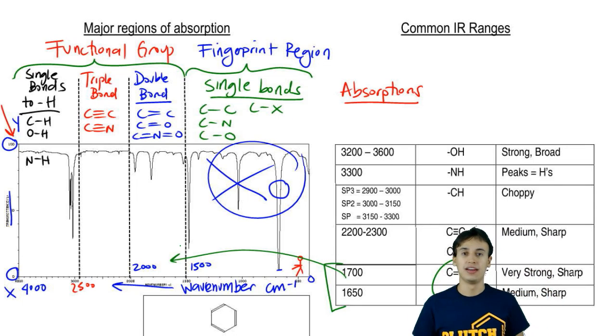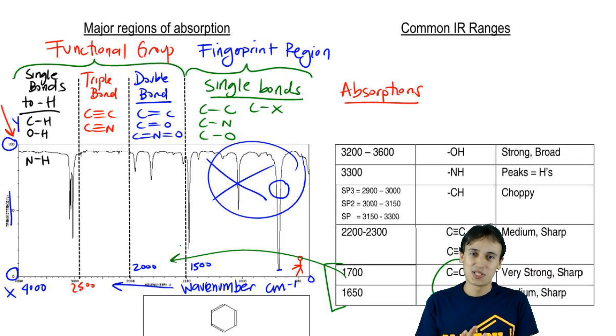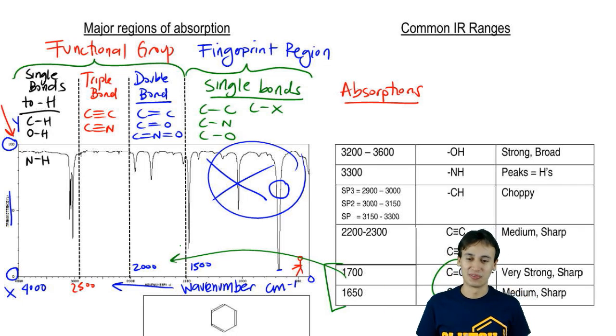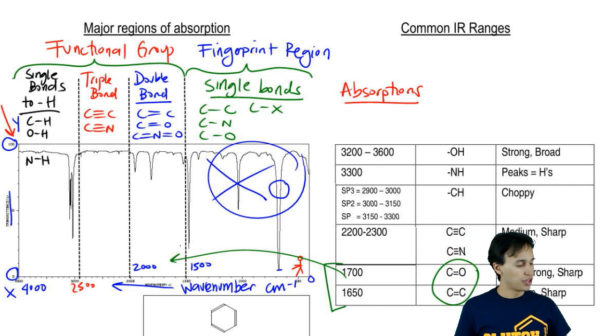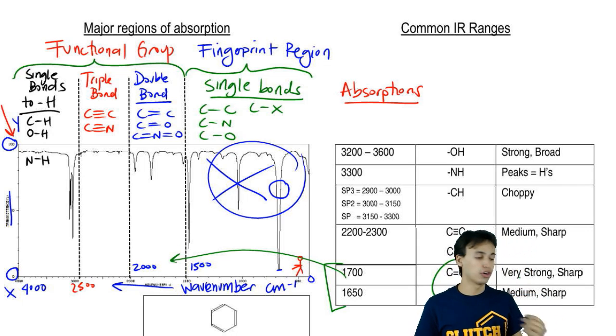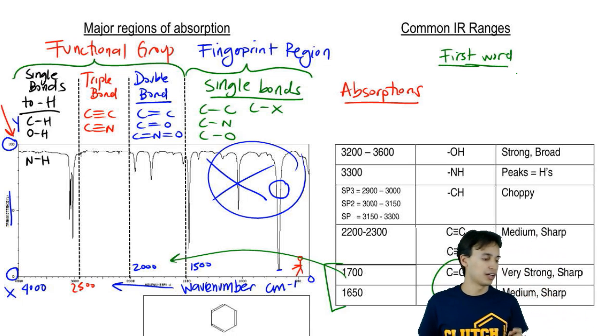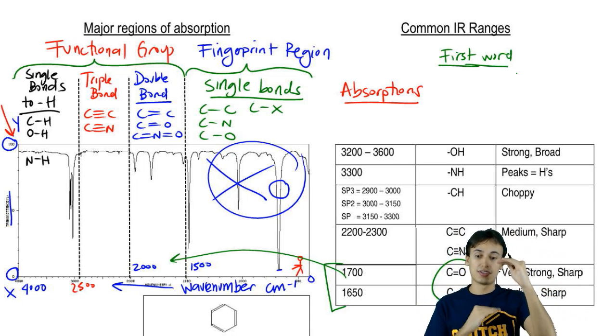Well, it turns out that, I know this is a lot to explain, but scientists can never just use common words like normal stuff. They have to make up their own, right? So the first word, the very strong or medium, okay, so I'm just going to say that the first descriptive word is actually talking about the size of the peak, or the size of the absorption.